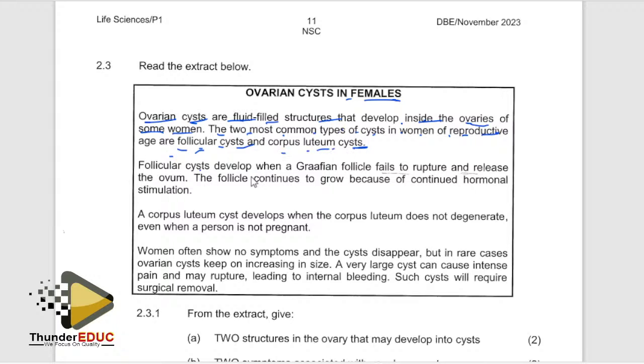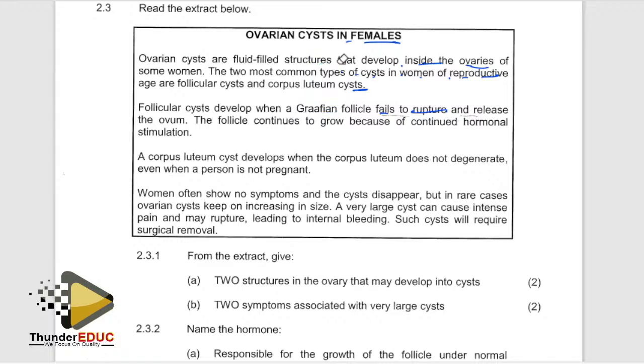A follicular cyst develops when the Graafian follicle fails to rupture and continues to grow because of continued hormone secretion. The corpus luteum cyst develops when the corpus luteum does not degenerate.